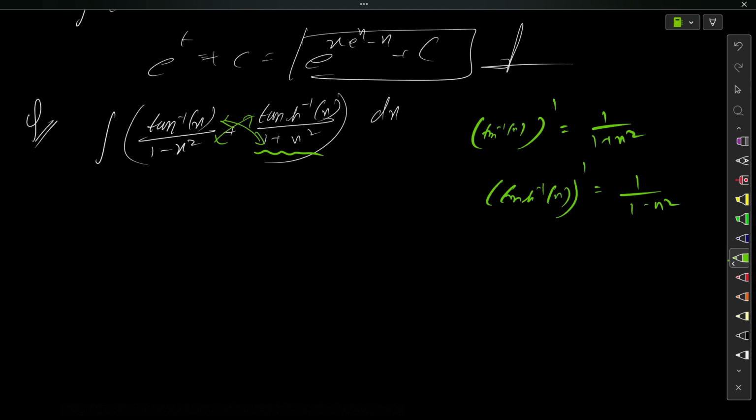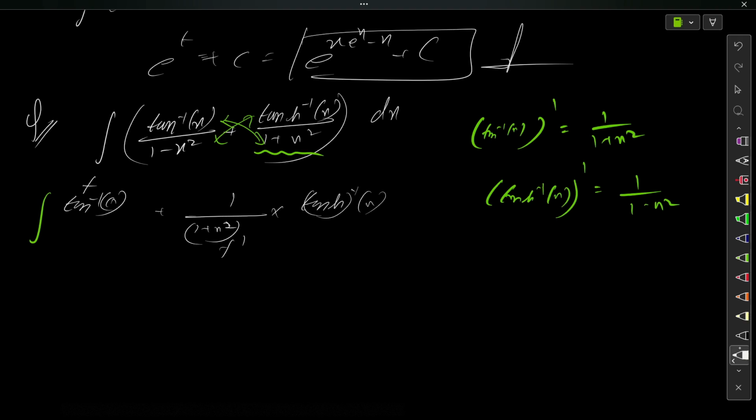So I can say that if I write it down as the integral of tan inverse of x, then this is f, and 1 plus x square gives the f prime, multiplied by tan hyperbolic inverse of x.